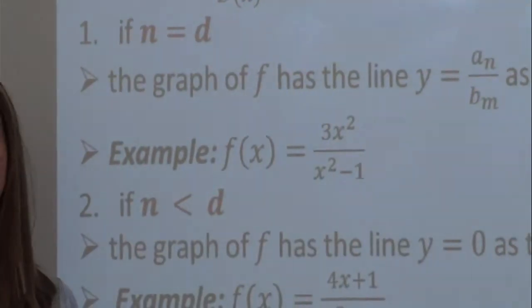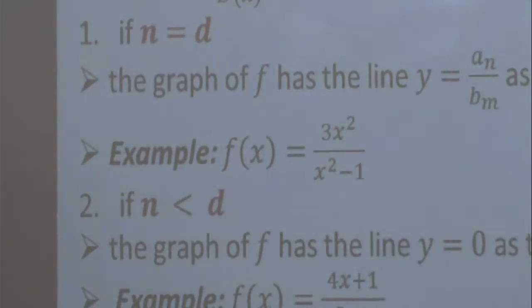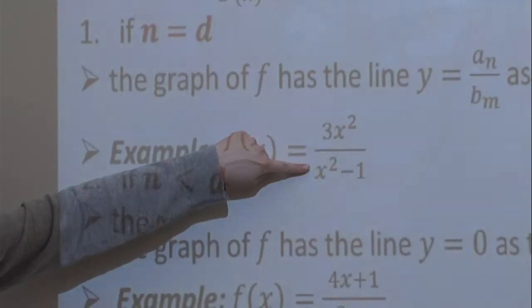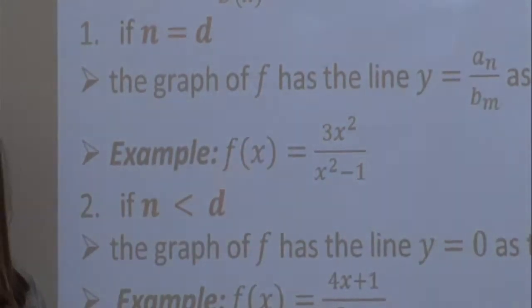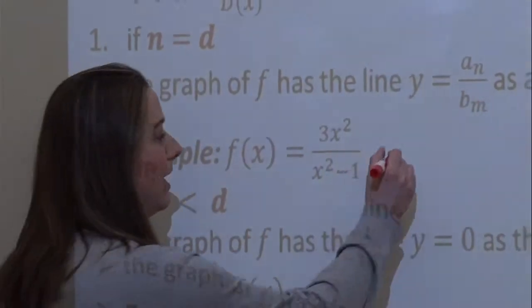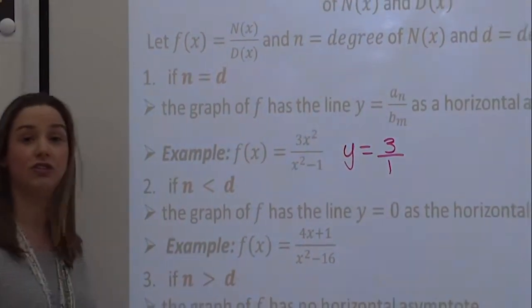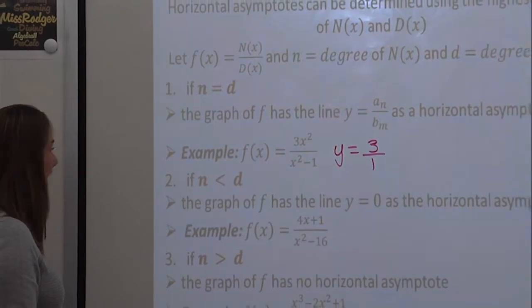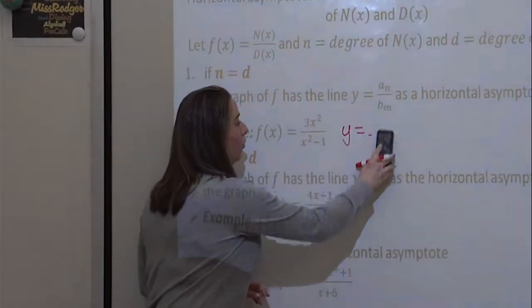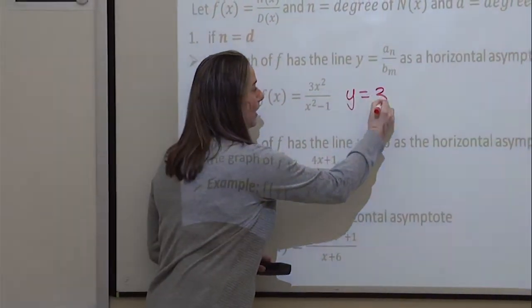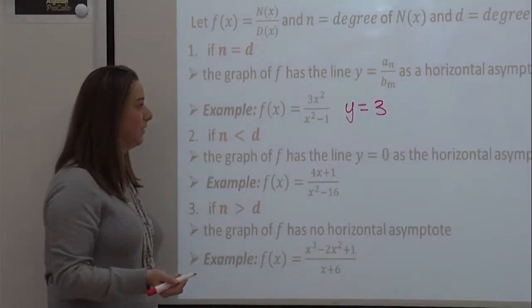Here we both have an x squared. So we take the coefficient that goes with each of these, and we make this y equals 3 over 1, which simplifies to y equals 3. So y equals 3 is our horizontal asymptote for this problem.